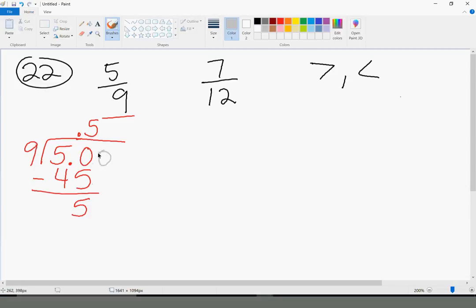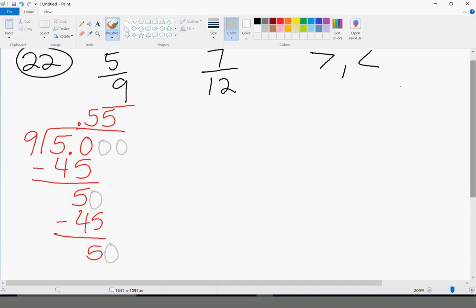And then we're going to add a 0 and bring that down. 9 goes into 50 5 times. 5 times 9 is 45. Subtract, we get 5. Add a 0. If you notice, we see a pattern here. It's going to be 0.555 repeating.